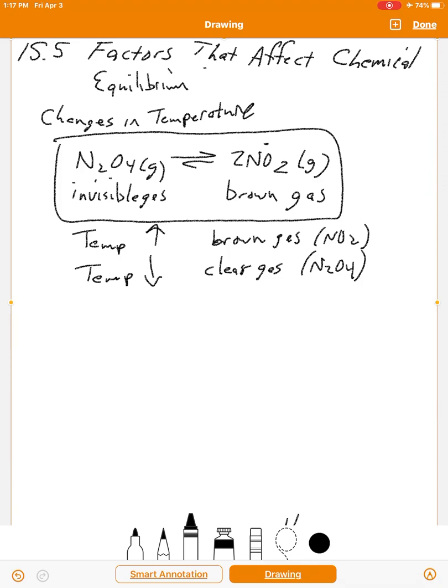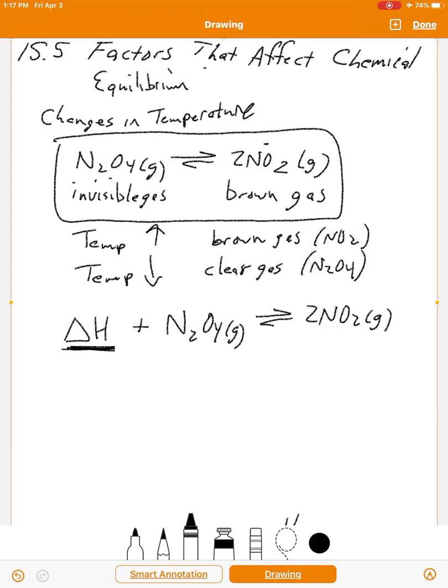And so we can write that in the following way. We're going to write delta H plus N2O4 produces 2NO2 gas. The experiment that says that if you heat the gas it turns brown tells us that there is essentially, we can treat heat like a reactant.